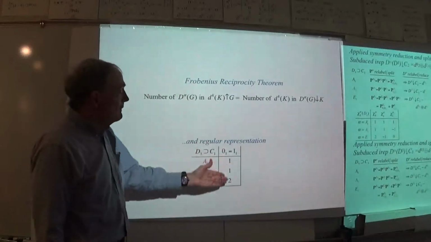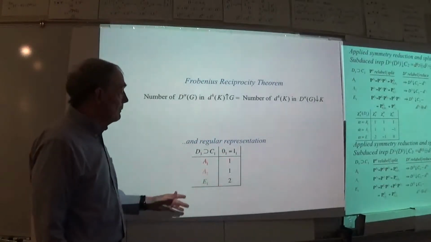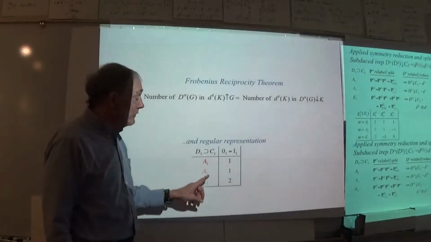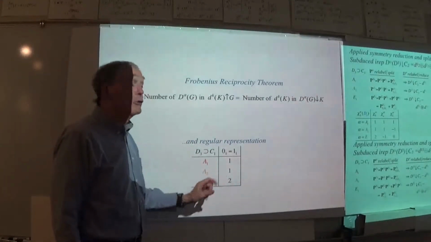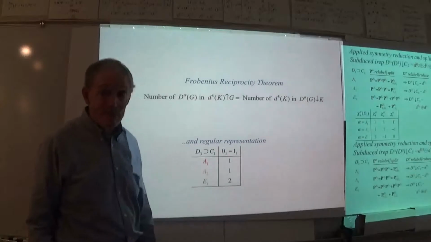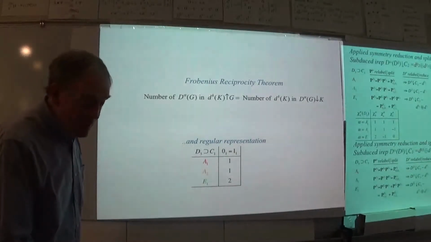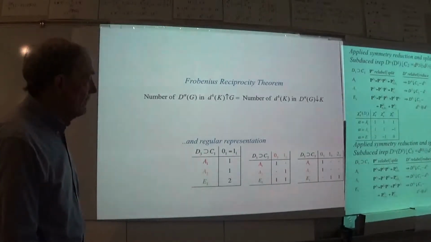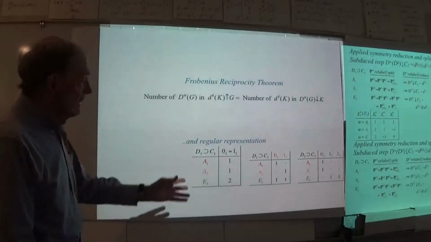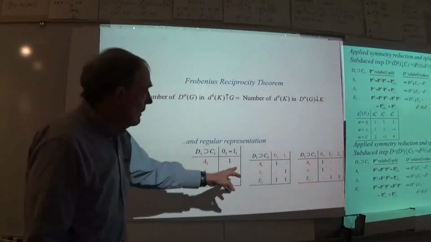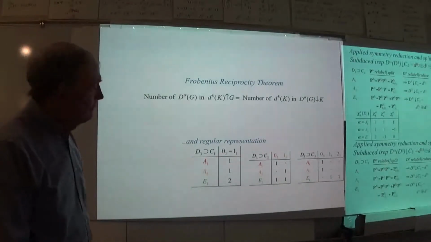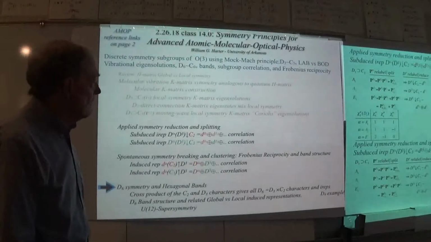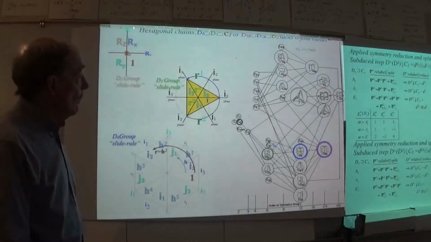So this is the ultimate induced representation for any group, is to have all of the representations, each one of them, the number of times it appears is equal to its dimension. And this is what we were talking about, just the C2 and C3. So I throw in C1, the group that isn't even worthy of the name group.